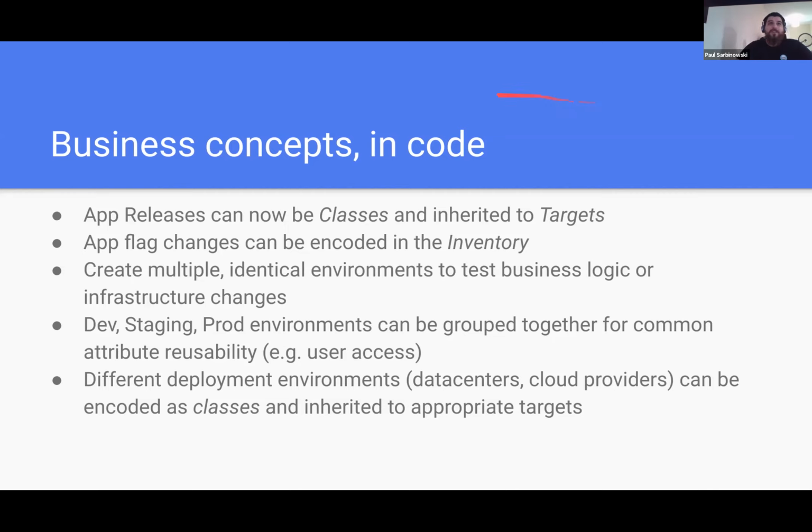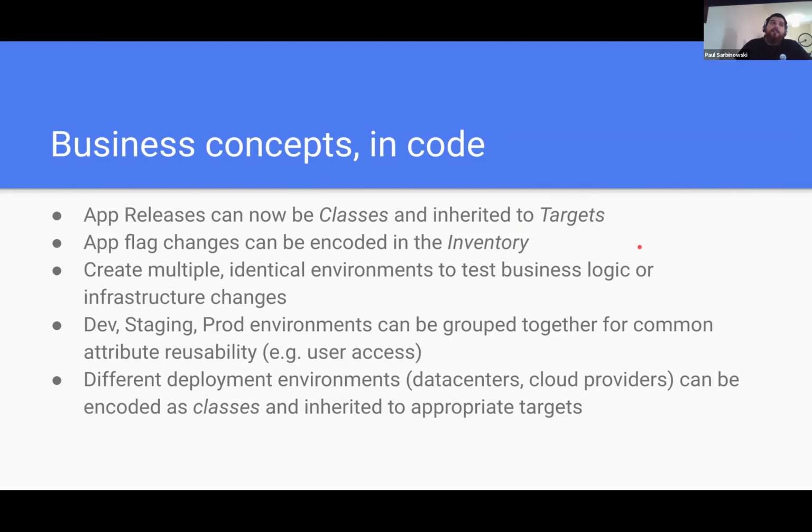So app releases can now be classes. What this means is that every application you deploy in your infrastructure probably has some command line arguments, some images, Docker images, or maybe files mounted, volume mounts. All of this can now be expressed as a class, and then you inherit it to specific targets you want.